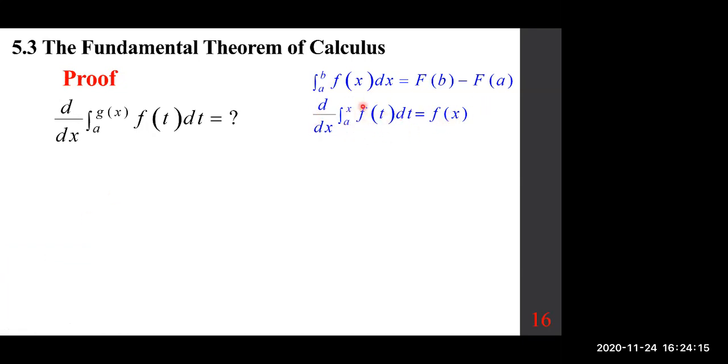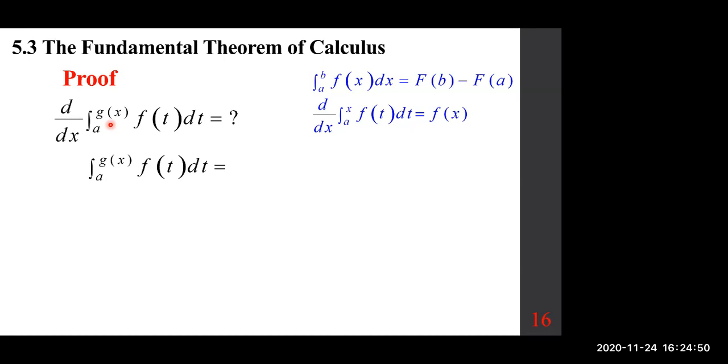We are going to use this one to prove the other one. So first, let's ignore the dx and integrate this part. If the antiderivative of lowercase f is capital F of t, then you plug in, so we want this part, capital F of t.